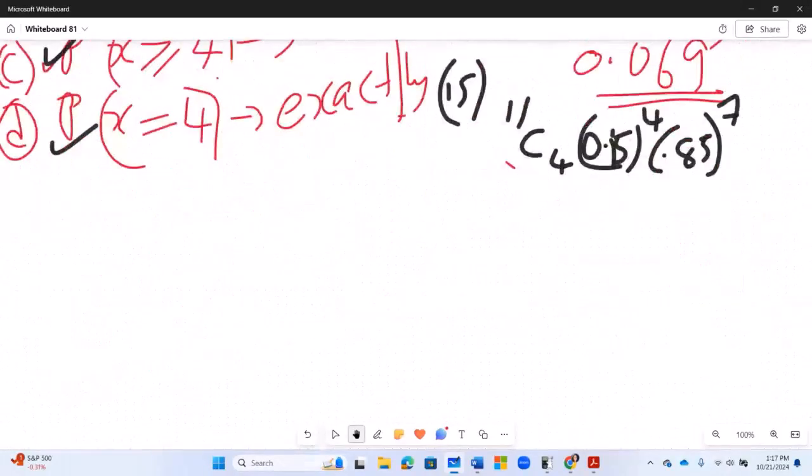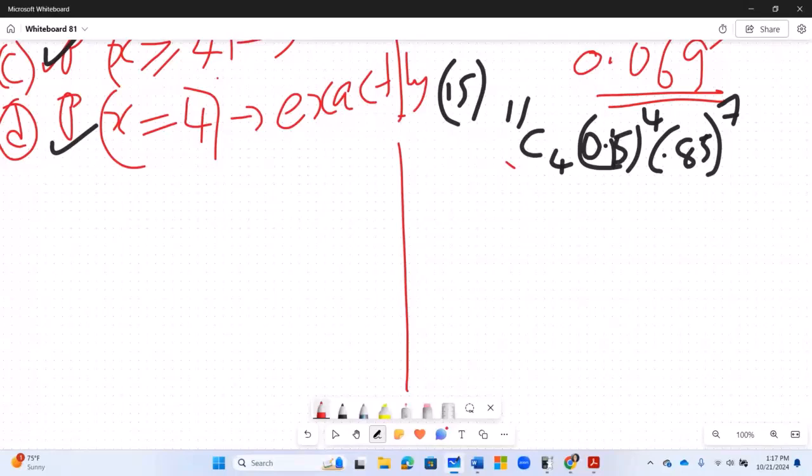Now I want to calculate binomial PDF. This is probability density function because I'm doing an exactly question. Anytime you're given an exactly question in binomial distribution, then you must do binomial PDF.